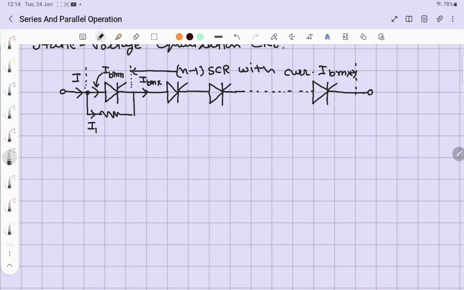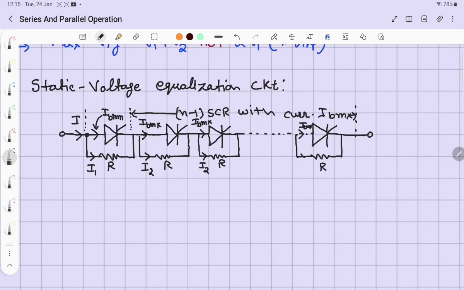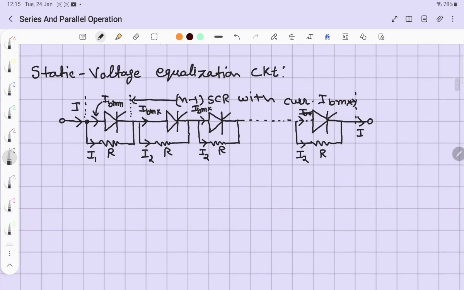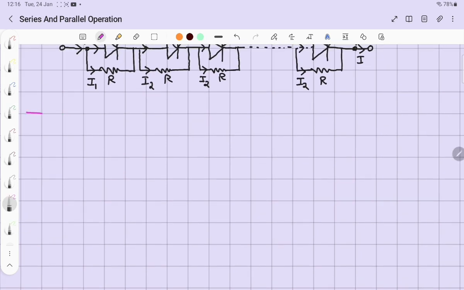So the remaining current, that is I1, which flows through resistance R, is given by I minus IBMN. Clear? I minus IBMN. So minimum current is passing through thyristor 1 and the remaining SCRs would have maximum current IBMX.